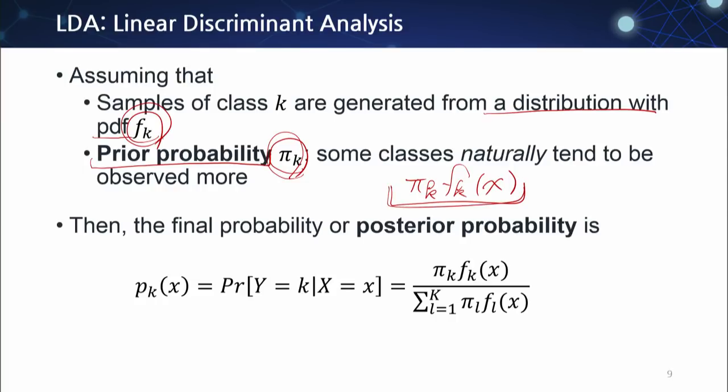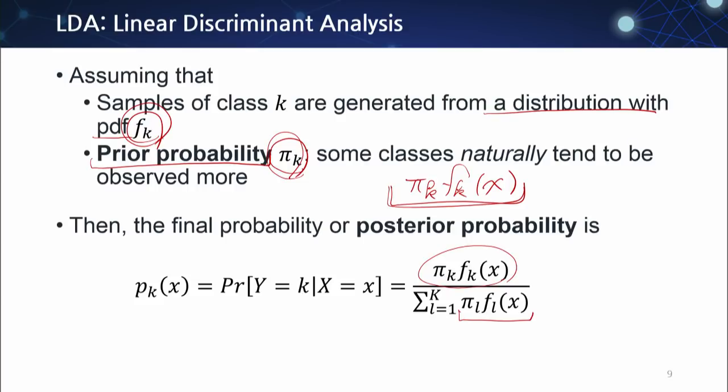So in order to make it a probability, because we have multiple classes, we normalize by all of the possible cases. So we model it with pi_k times f_k of X divided by the sum over all classes of pi_l times f_l of X.